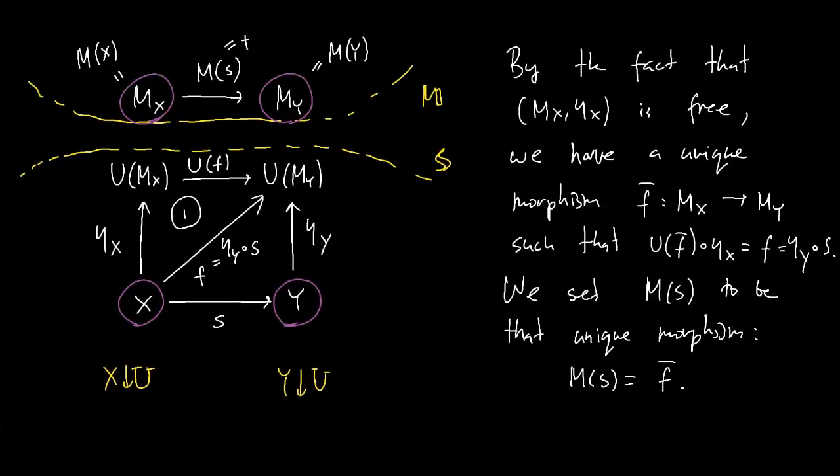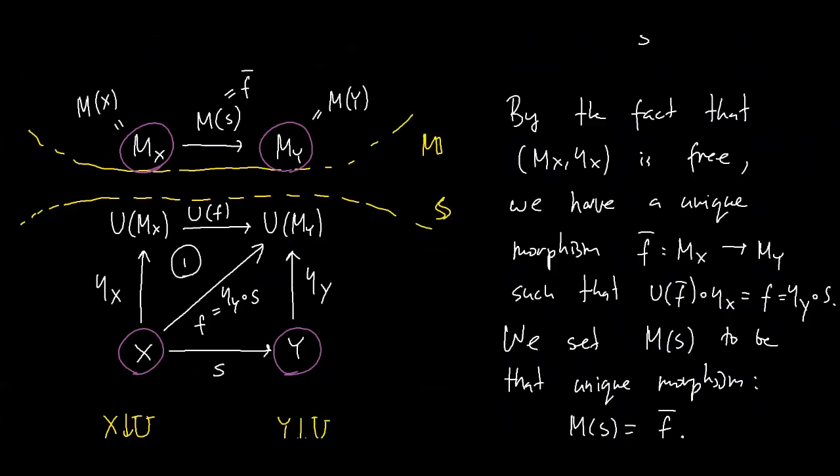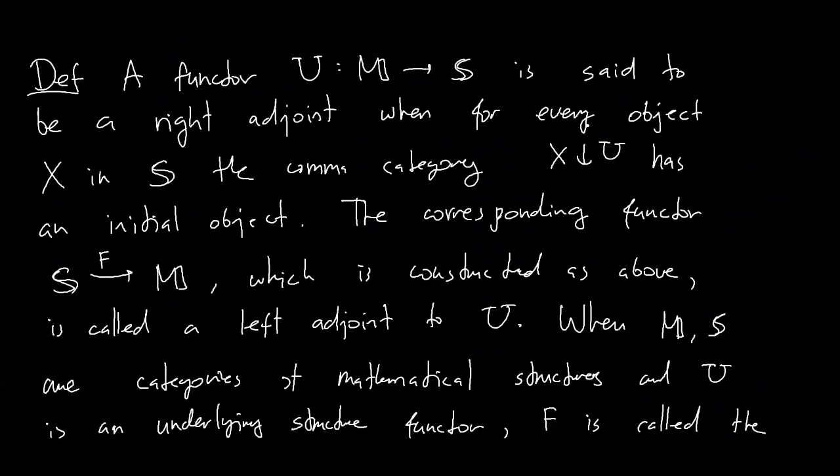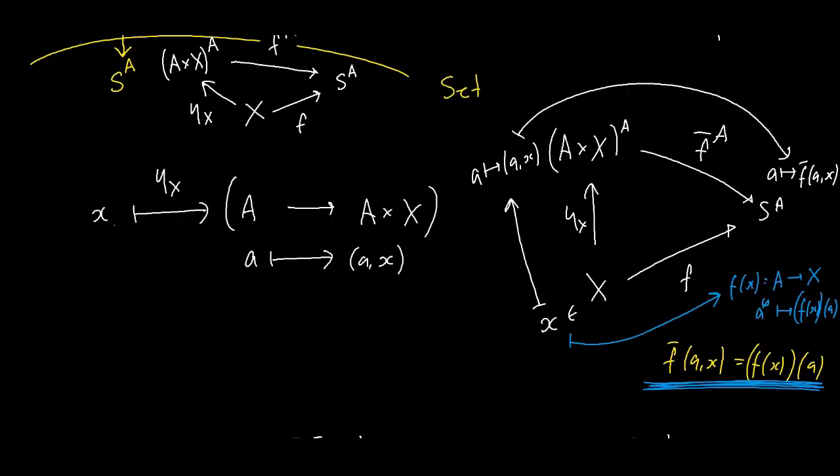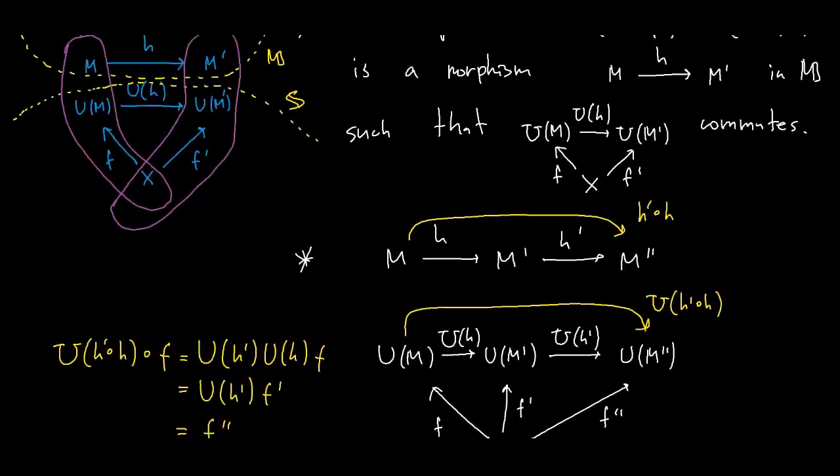The thing is that one thing is to define what it means that something is a right adjoint functor. Another thing is to prove that in concrete cases it actually is a right adjoint functor. And we sketched the proof of that in the case of monoids.